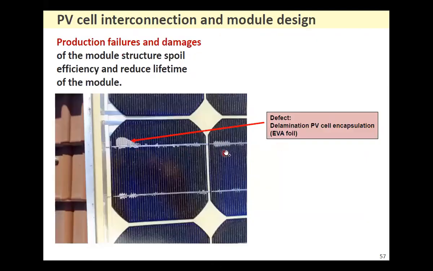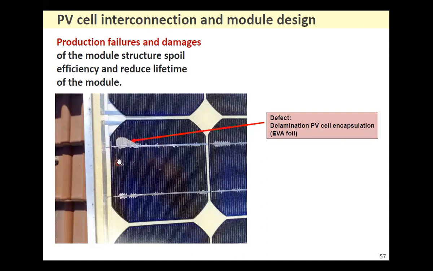So it is the responsibility of the company or the home owner to clean your solar panels regularly. What is this? This is damage to the PV cell. Whenever you are buying a PV module, ensure that there is no delamination, because in this way the efficiency of the system and the life of that panel will be much reduced and it will burn, because it is a production failure.